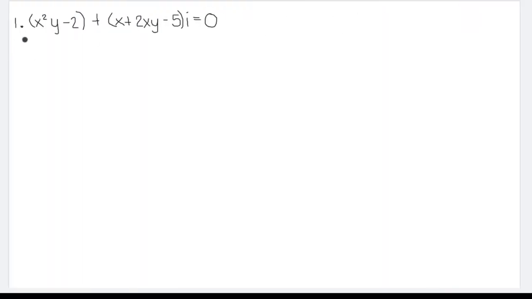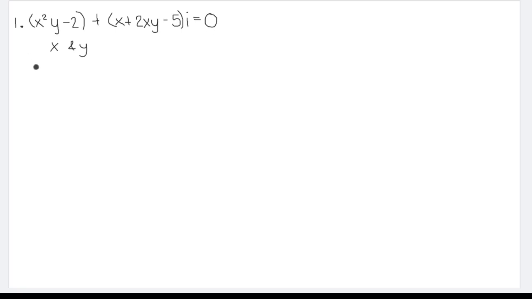So (x squared y minus 2) plus (x plus 2y minus 5) times i is equivalent to 0. So we want to find the value of x and y. So first, mapapansin natin, we have the real part at the left hand side and the real part of the right hand side.